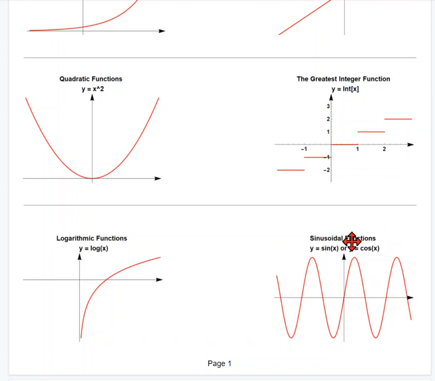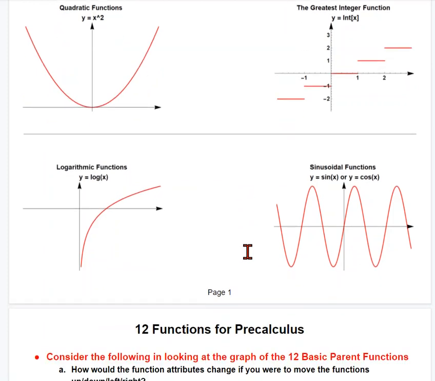The interesting thing about the sinusoidal functions is they have this repeating pattern, which we call being periodic. We can clearly see that we're bounded above and bounded below, so this would be called a bounded function. The domain would be all real numbers, but you'll be left to get that information further.